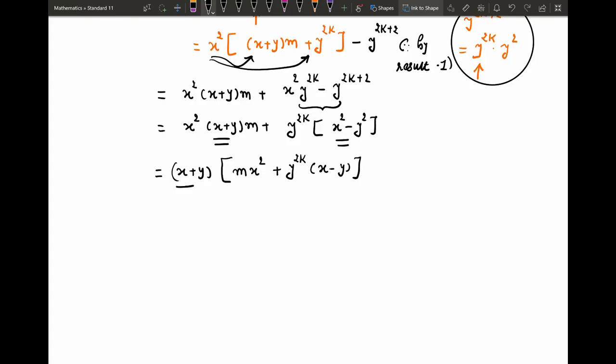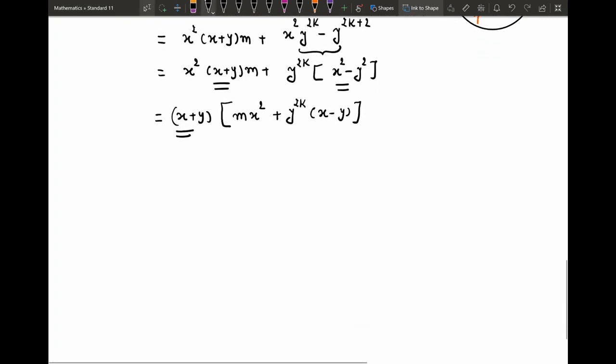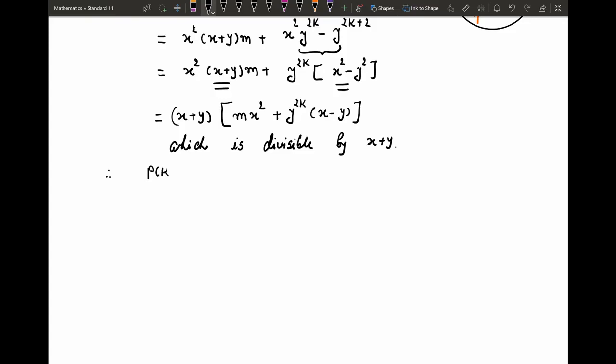And since here you can observe x plus y is a factor, which is divisible by x plus y, and therefore result is true for n equal to k plus 1, that is p of k plus 1 is true.